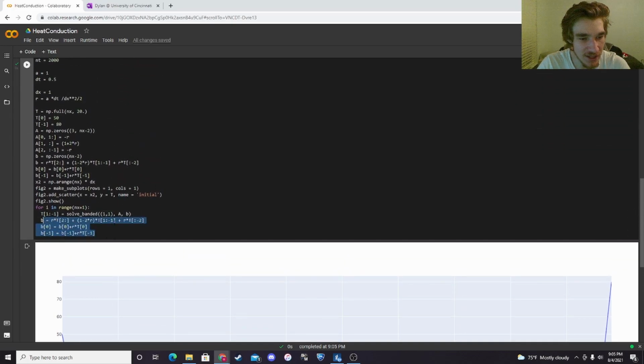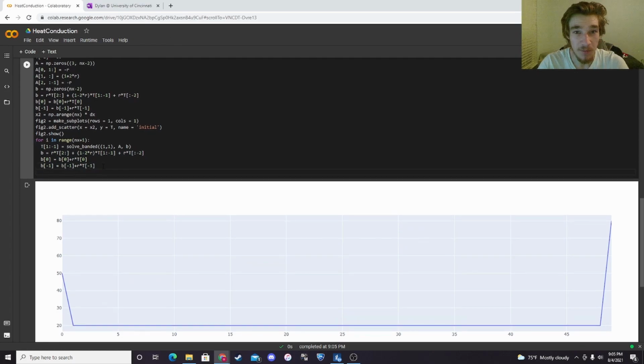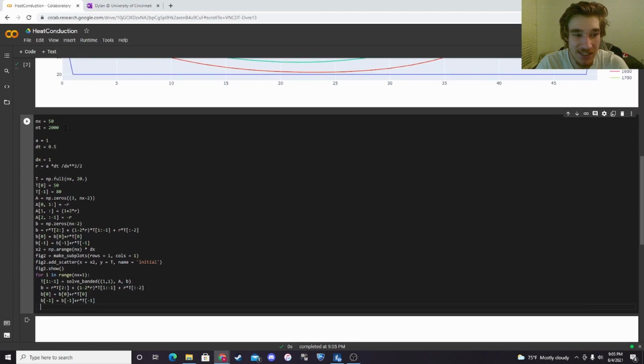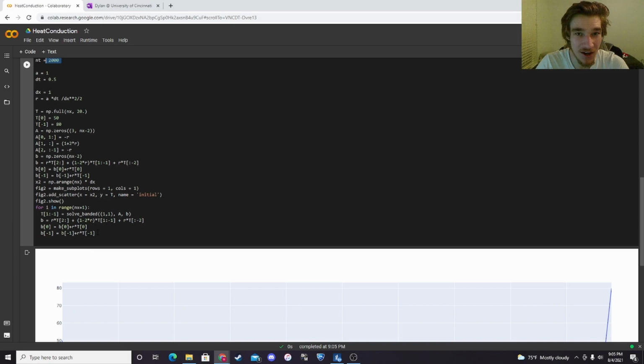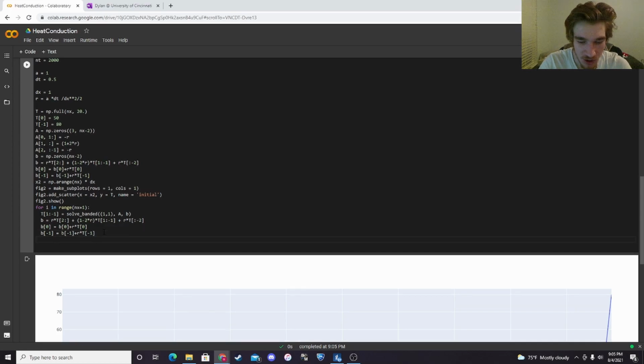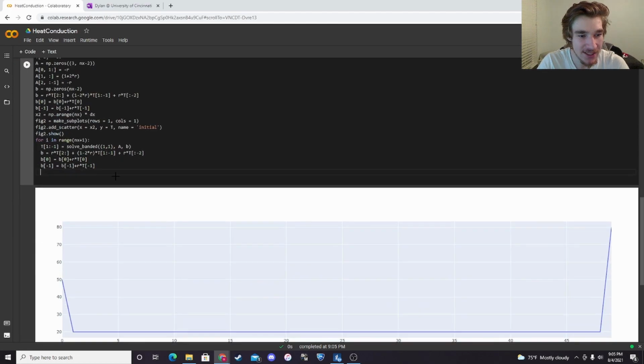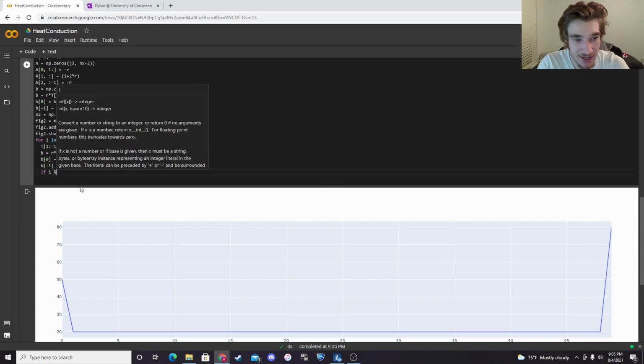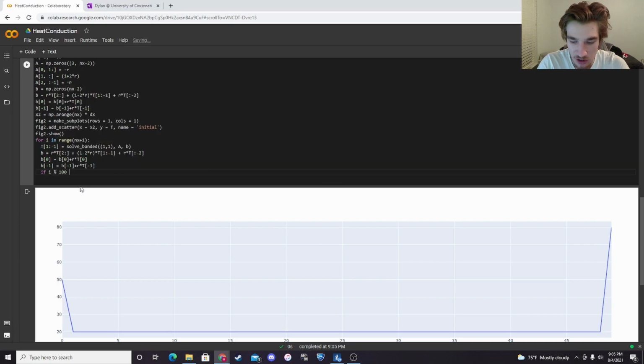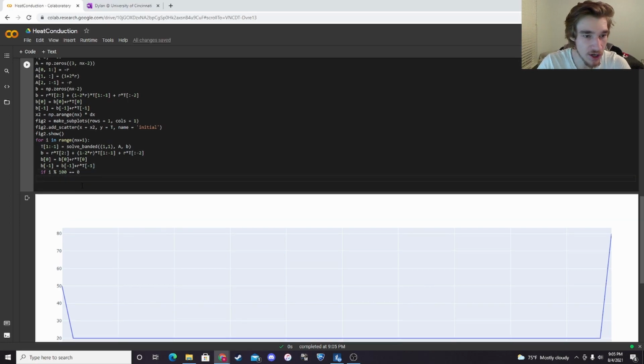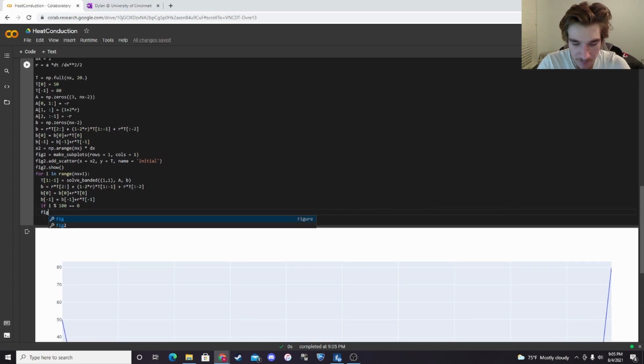And now that we solved all this, we want to be able to plot this. But we don't want to plot it for every single increment, where we did nx plus 1, so we have 2,000 increments for time, and we don't want to plot 2,000 different lines. So we're going to do the same idea as up here: if i divided by 1,000, which is this modulo, equals 0, we want to add scatter.